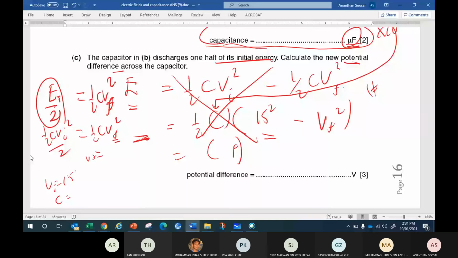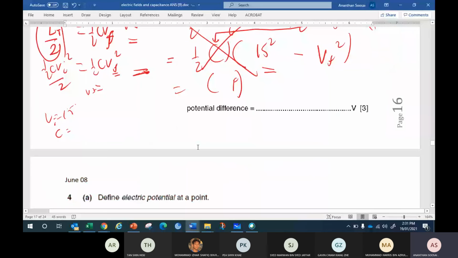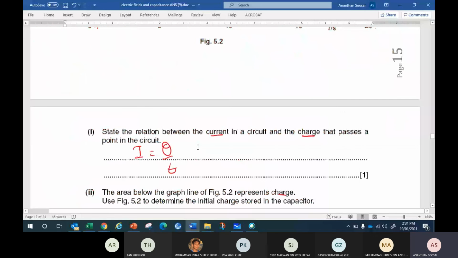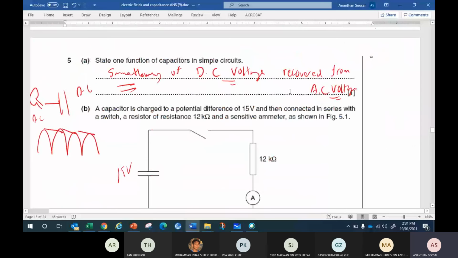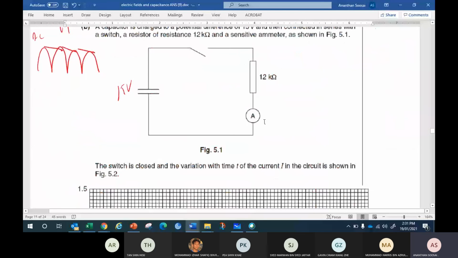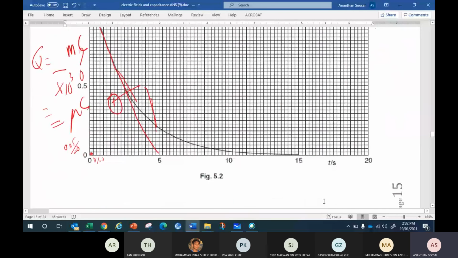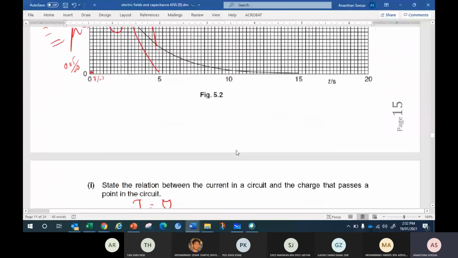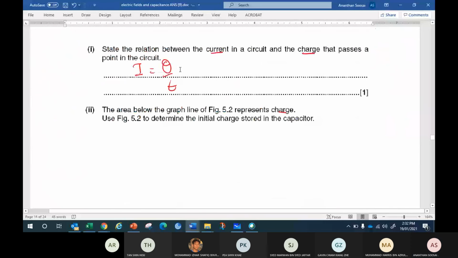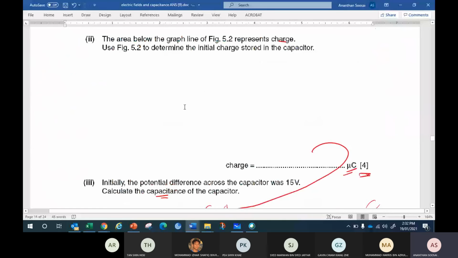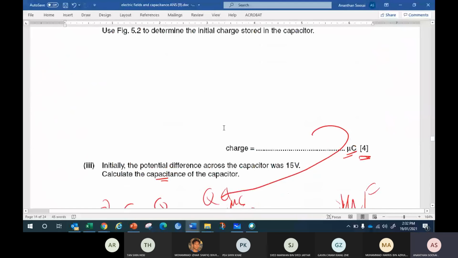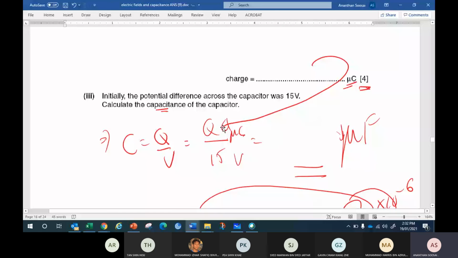Okay, so this is another question. What is the question about? First, they show what is the use of a capacitor. Next, they show a discharging circuit, current versus time given. Area under graph you should know is charge. So they're asking how current and charge are related. Current is rate of flow of charge. So find the area under the graph, 4 marks. Then how do you find the capacitance?